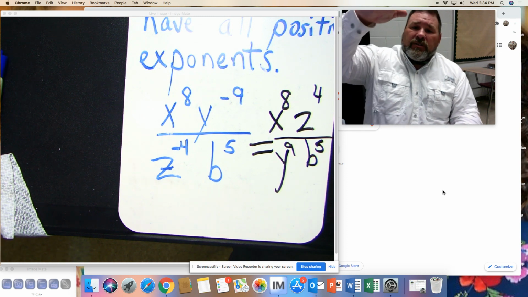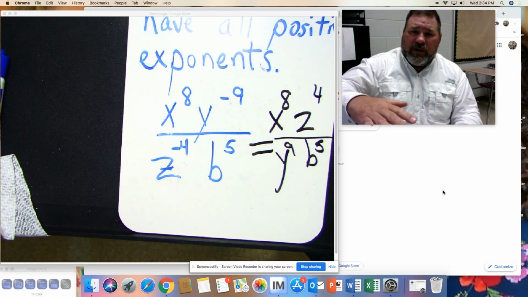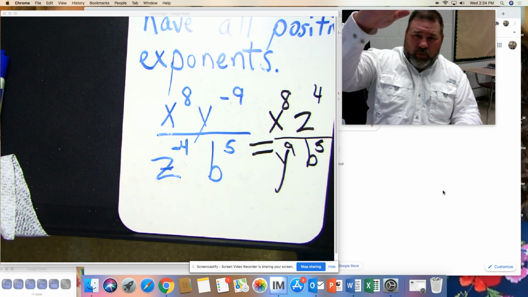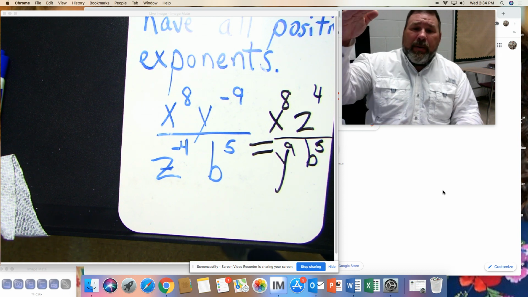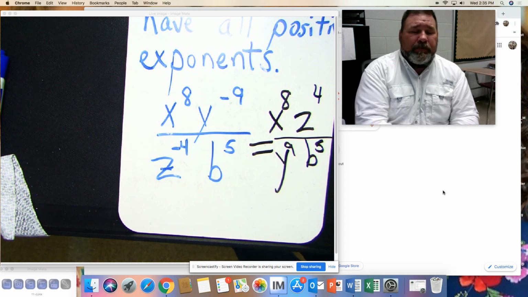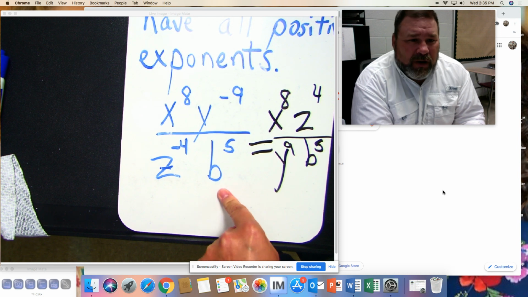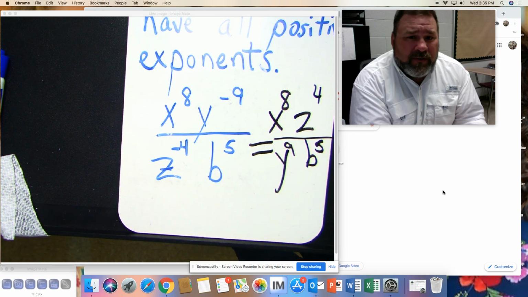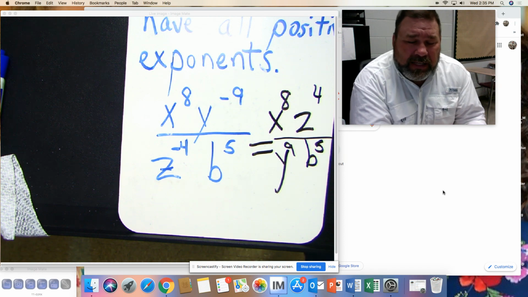If they're upstairs and they're negative, you move them downstairs to where they're positive. If they're downstairs and they're negative, you move them upstairs to where they're positive. To make them positive, you got to move them opposite of where they are. And if they're already positive, there's no reason to move them. They're already simplified as much as they can.